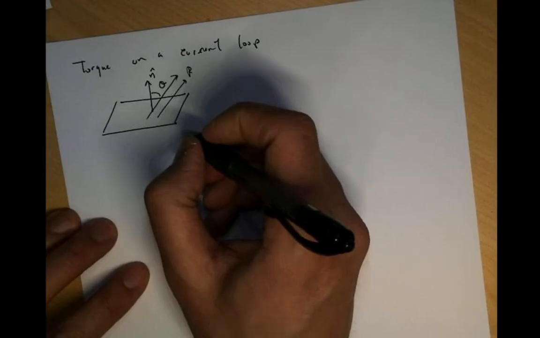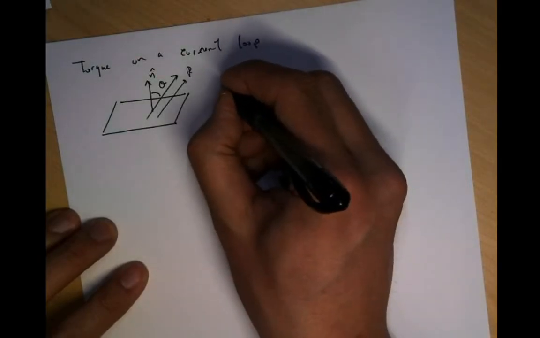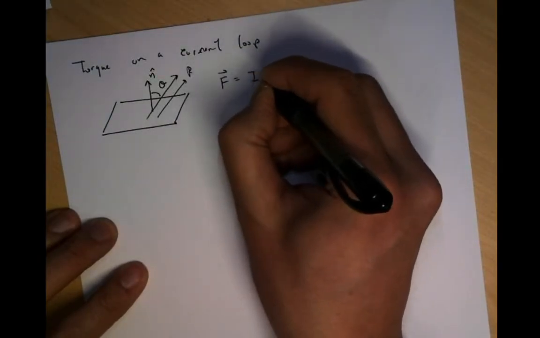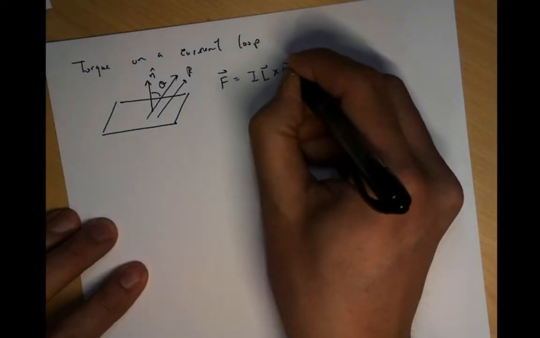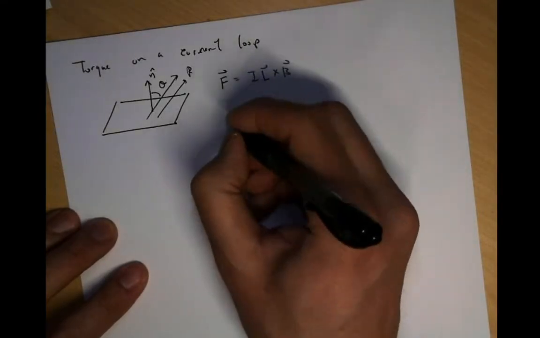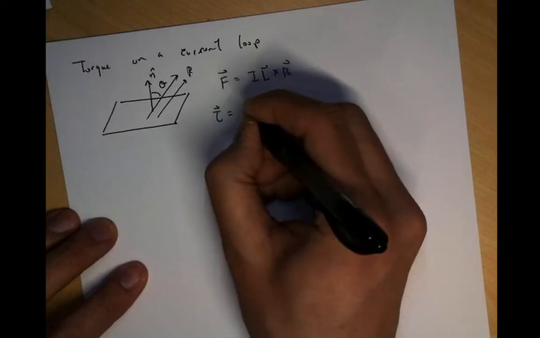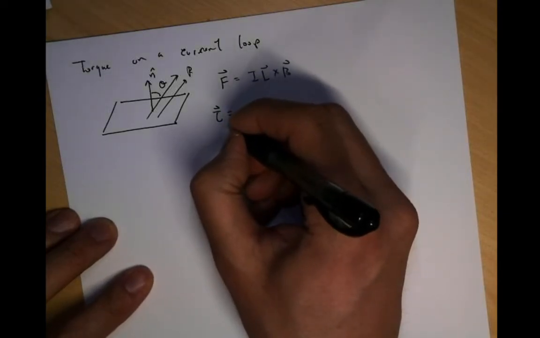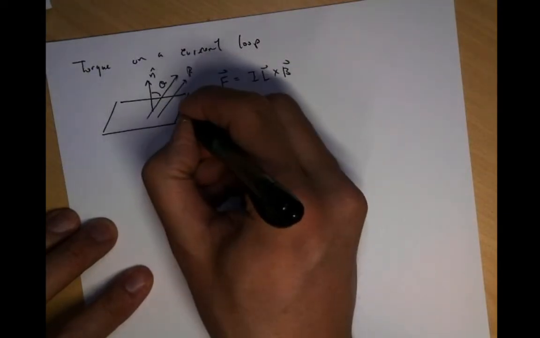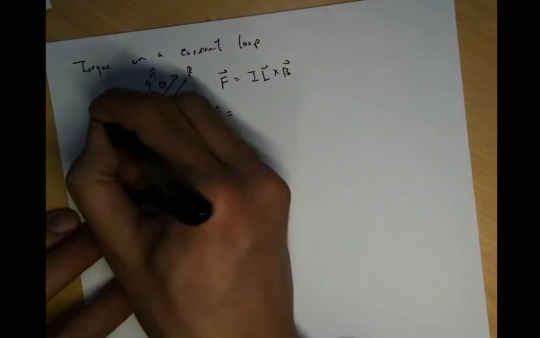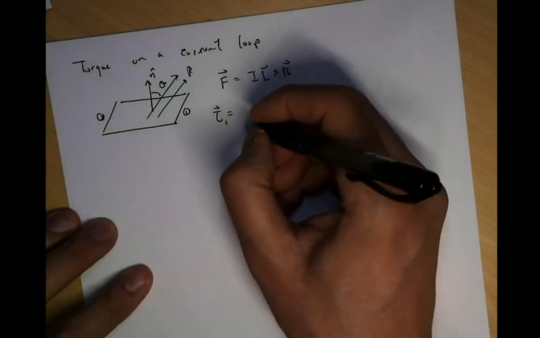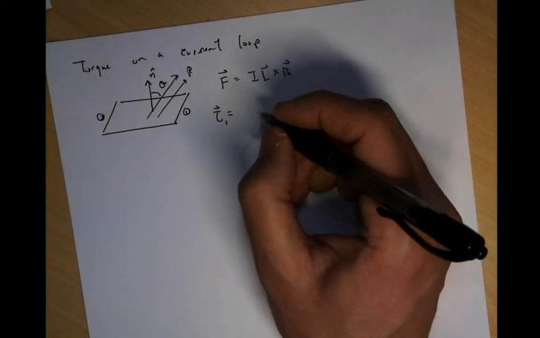And the force is equal to IL cross B, and the torque, tau, I'm just going to figure out on one of them, tau of wire 1, and it's going to be the same for wire 2.